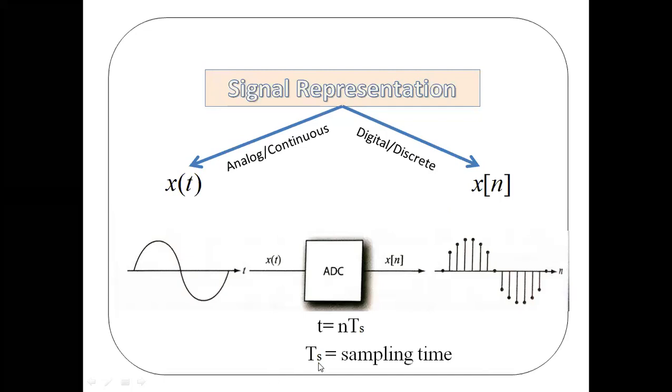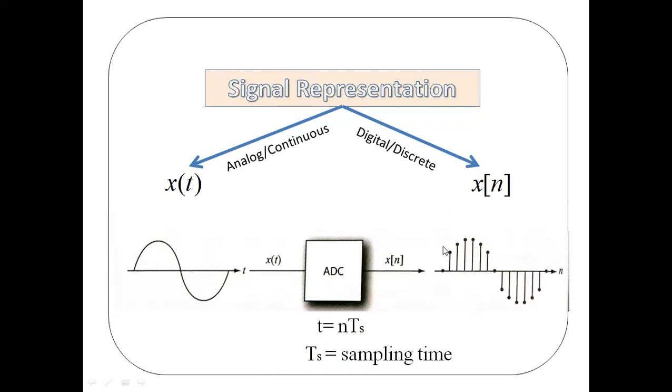Okay, basically the Ts is the sampling time. So N basically is the number of samples that you're going to have in your signal. For instance here, let's say we have 1, 2, 3, 4, 5, 6, 7, 8, 9, 10, 11, 12, 13, 14.